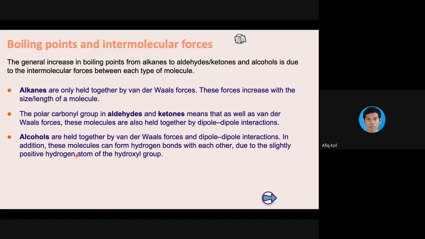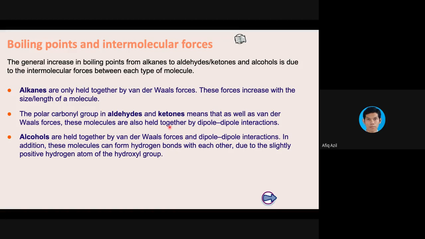In addition, alcohol molecules can also form hydrogen bonds with each other. With each other meaning, if you have two ethanol molecules side by side, they can form hydrogen bonds. But for aldehydes and ketones, even though they contain a C double bond O, which is polar, if there are two molecules of the same aldehyde, they cannot form hydrogen bonds with each other.